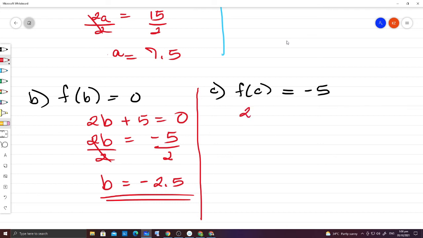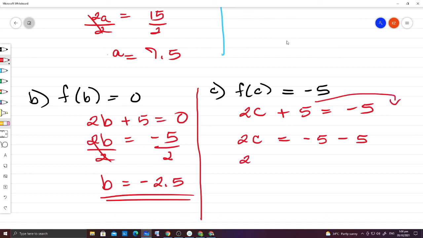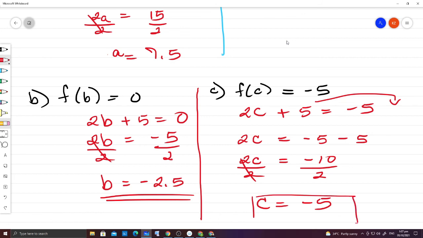So we have 2c plus 5 equals negative 5. So 2c is equal to negative 5 minus 5. I transpose it now. So 2c is equal to negative 10. So c is equal to negative 5. Screenshot.